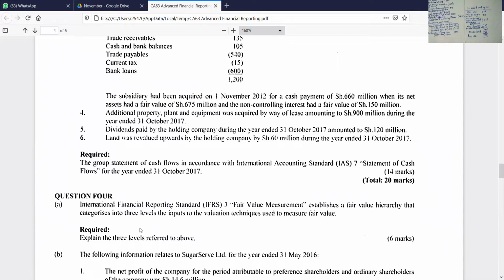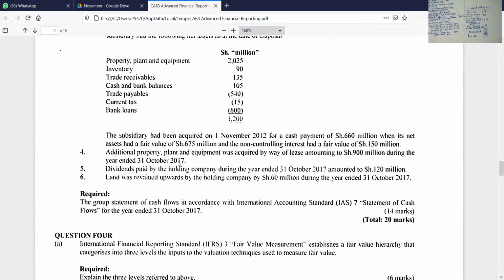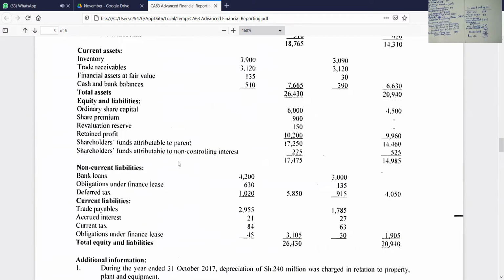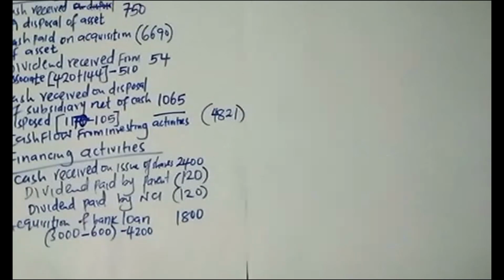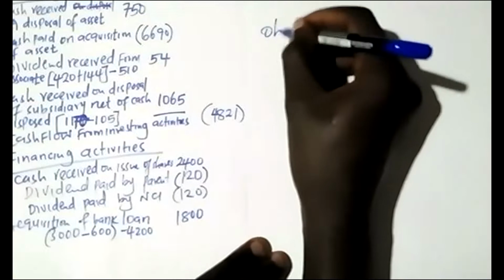There was a plant which was acquired by way of lease. So also we have to incorporate that element of a plant which was acquired. So we talk about obligation under finance lease.